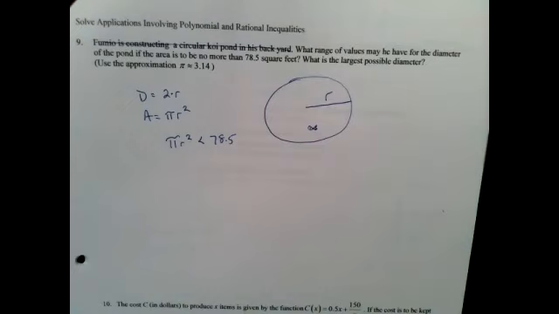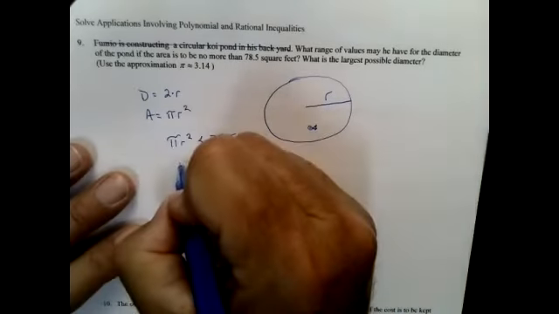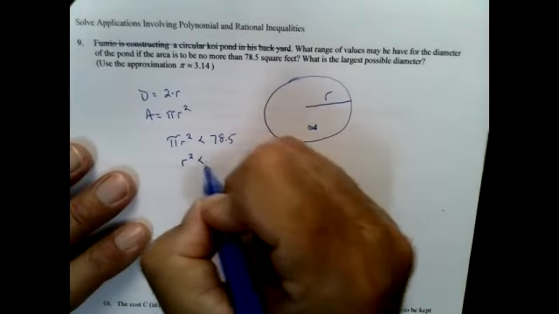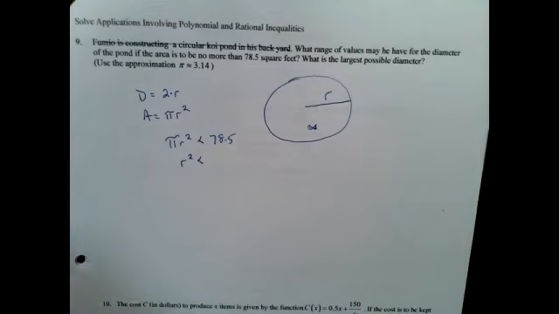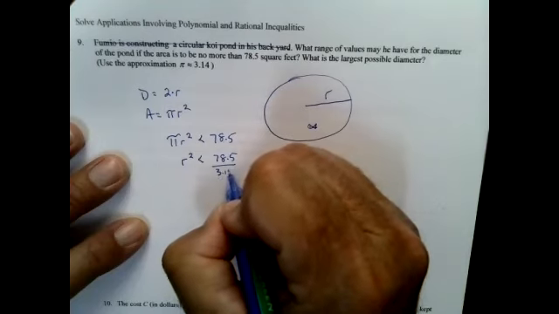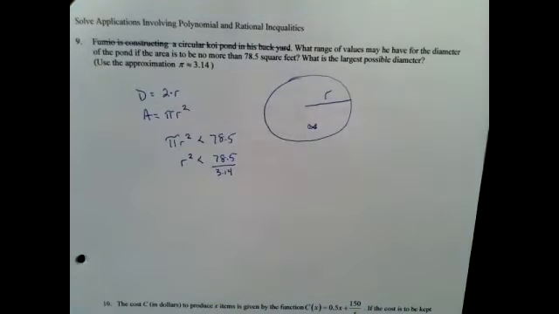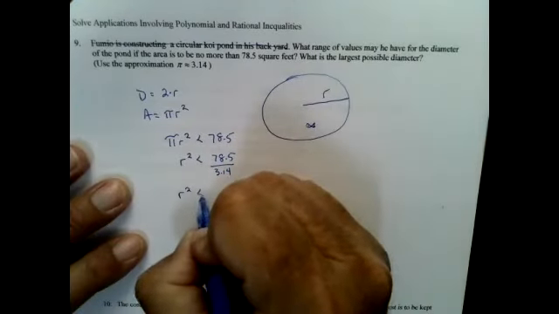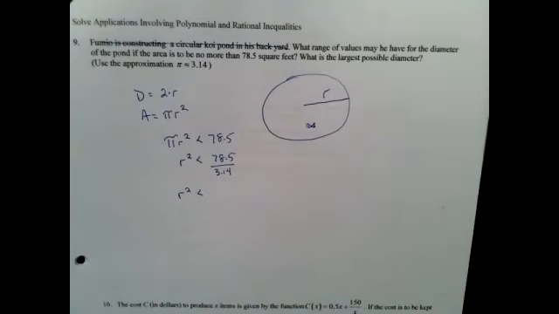Solving this inequality. r squared is less than 78.5 divided by 3.14. What is 78.5 divided by 3.14?